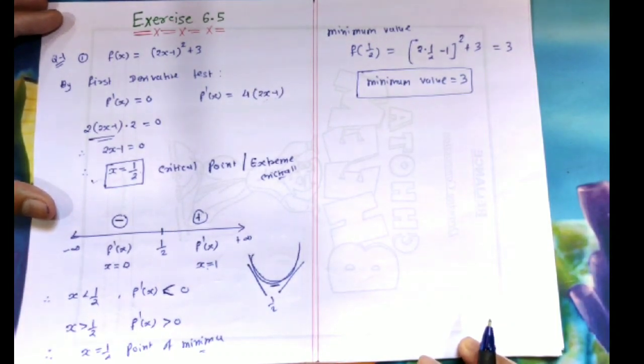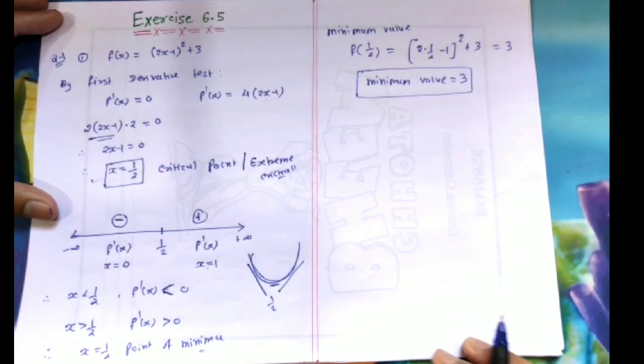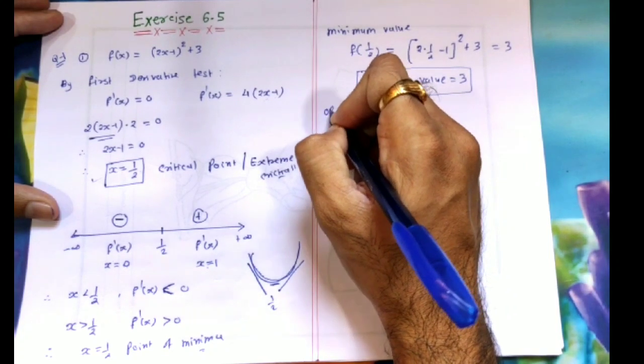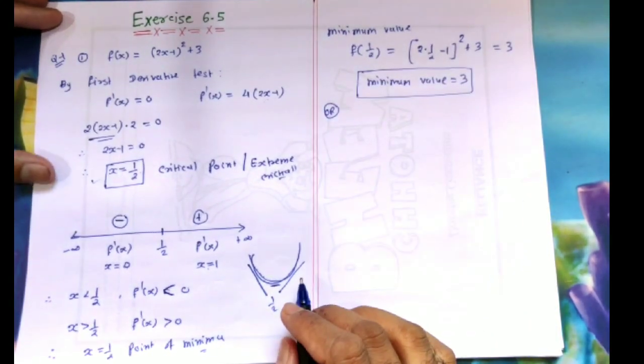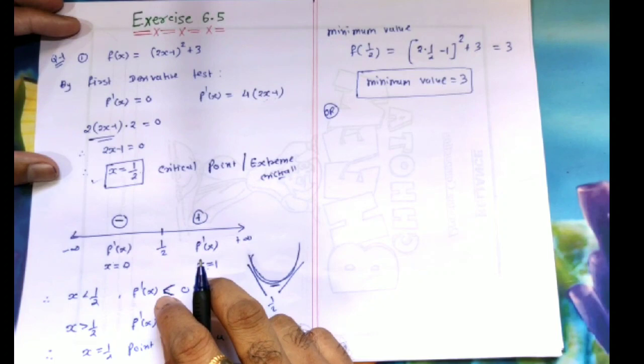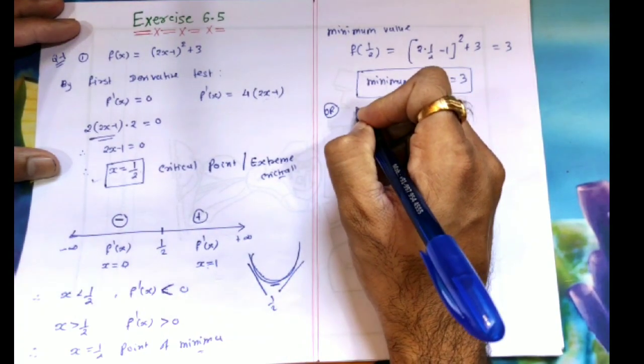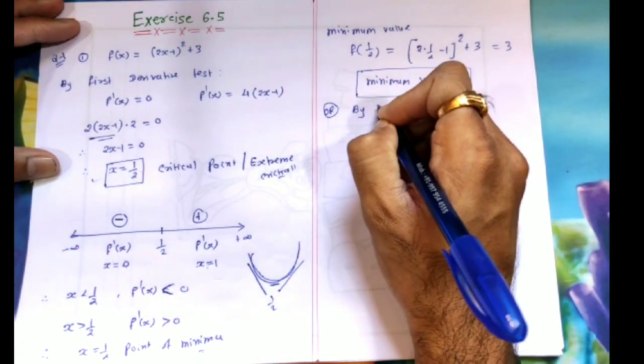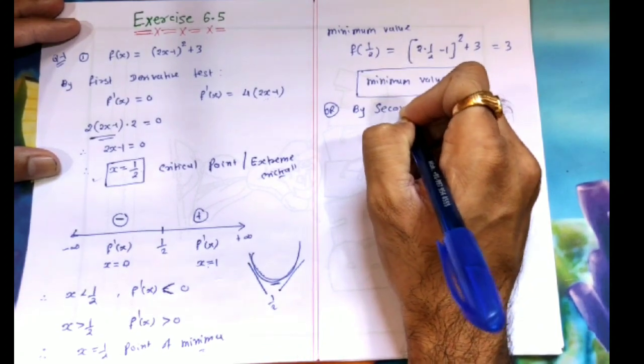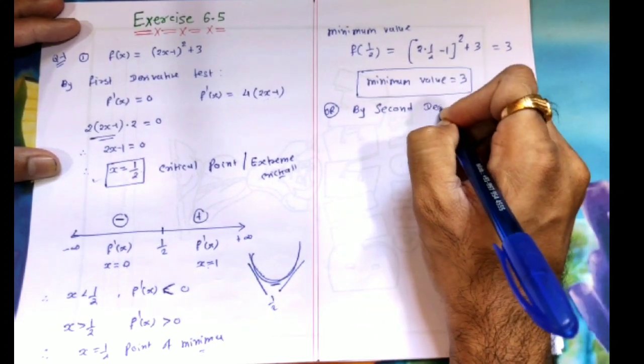Clear? Now, if you want to use second derivative test, then let's try it. Now we are finding the value of maximum or minimum value of this function by second derivative test. So here you have to mention by second derivative test.